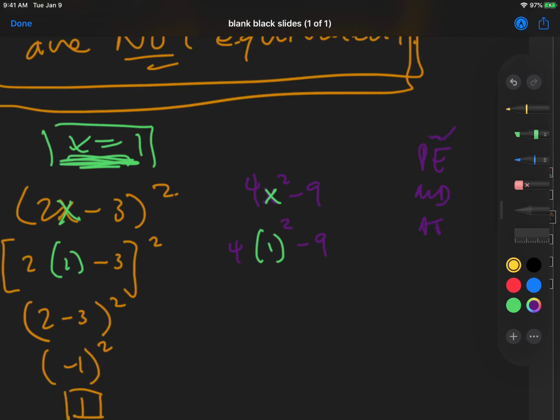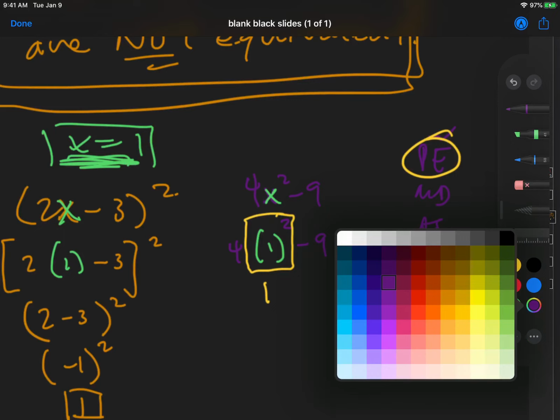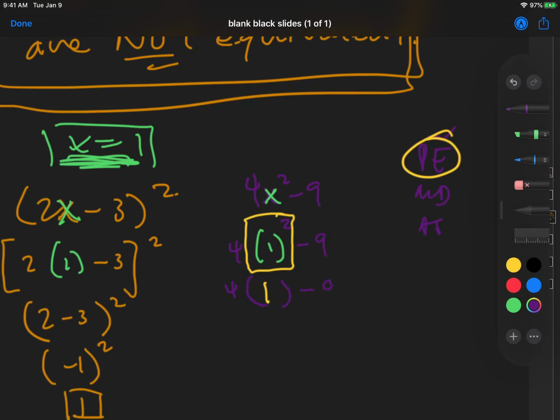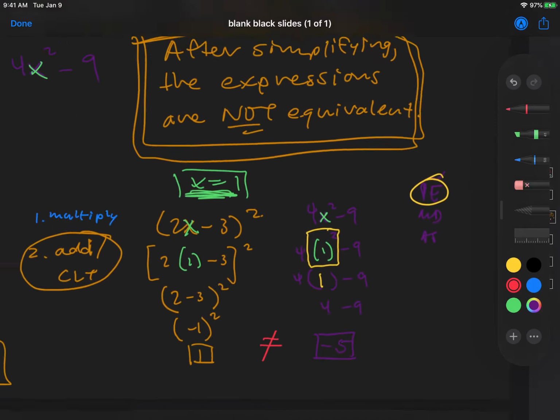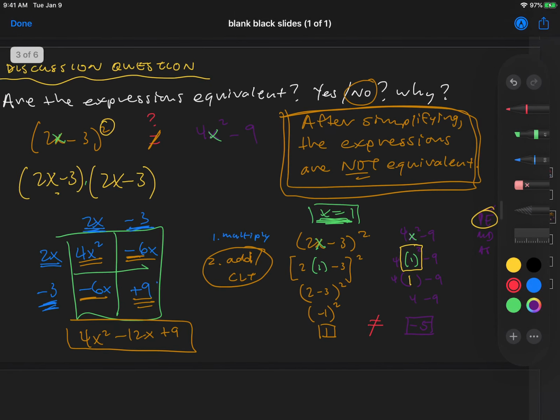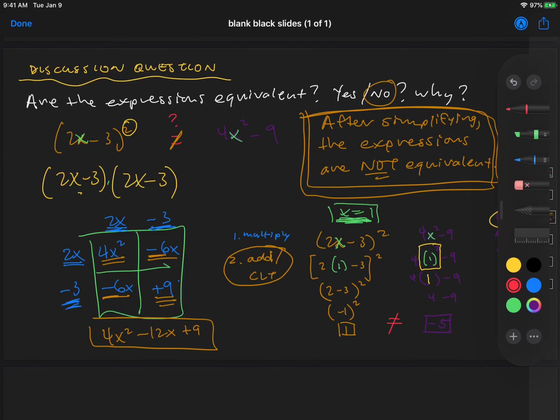So that means this one would be right here, 1 squared, 1 times 1 is just 1. And then 4 times 1 is 4, and 4 minus 9 is negative 5. Is 1 and negative 5 the same number? They are not equivalent. So a couple ways to show that they are non-equivalent. See you guys.